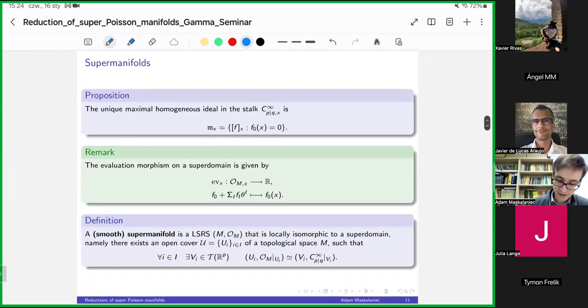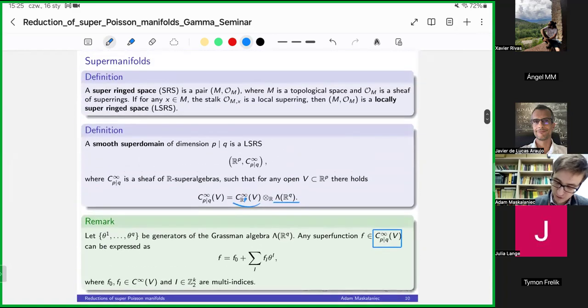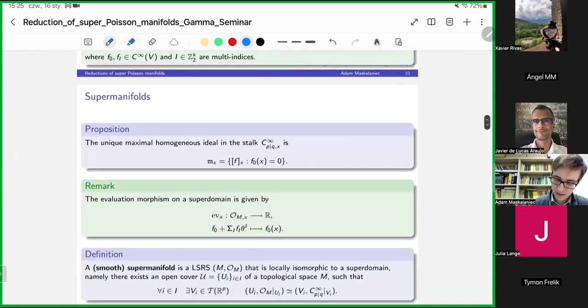So now there comes the first difference between smooth manifolds and supermanifolds. It turns out that the unique maximal ideal in this stalk of locally defined superfunctions is given by equivalence classes of those locally defined superfunctions whose zeroth component with respect to the decomposition I showed on the previous slide is equal to 0.